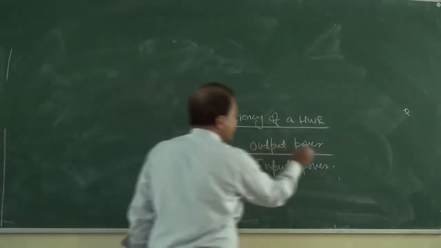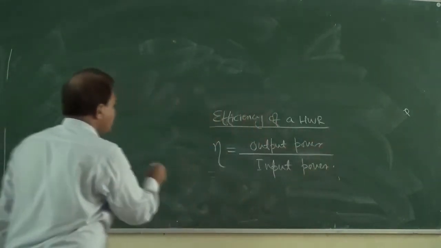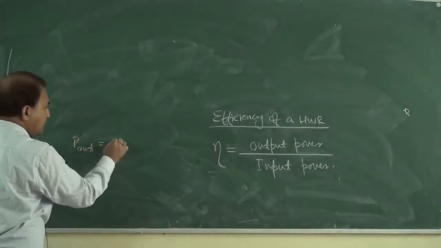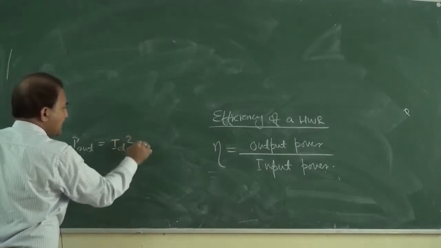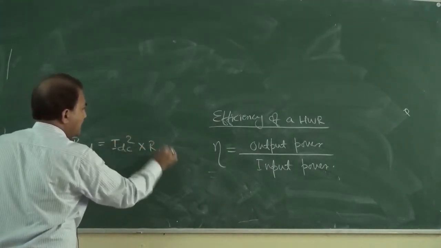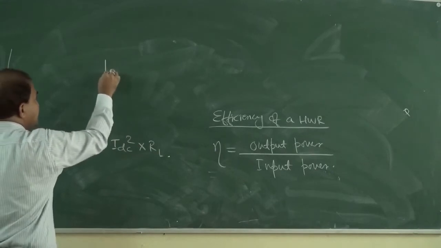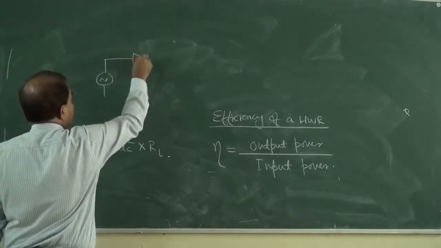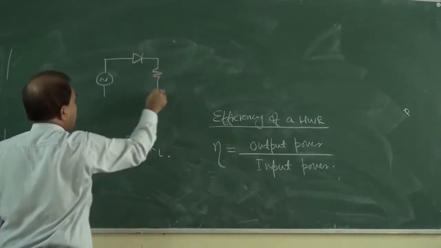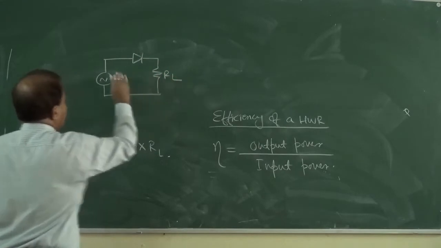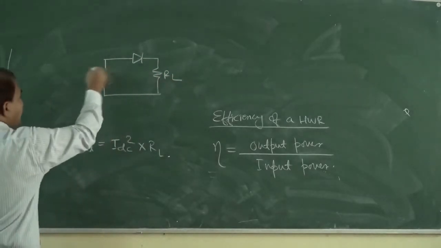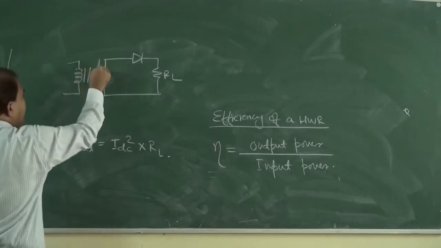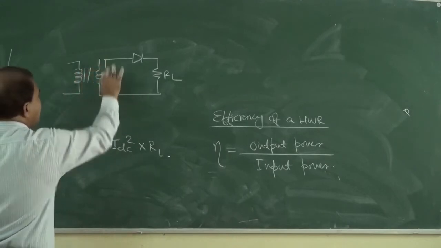See, output is DC. So the output power P out is equal to IDC square into RL. Suppose the circuit is like this. We can represent it by this.